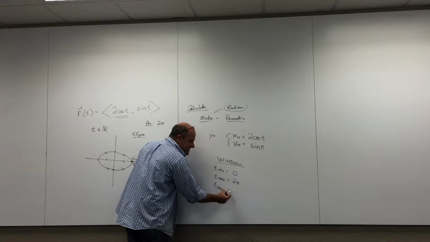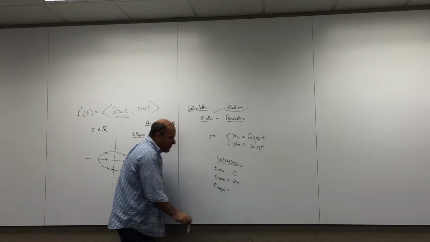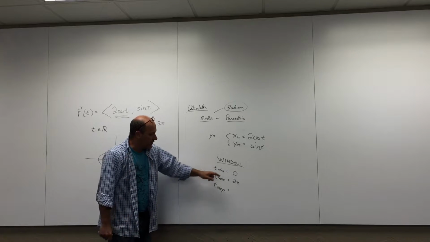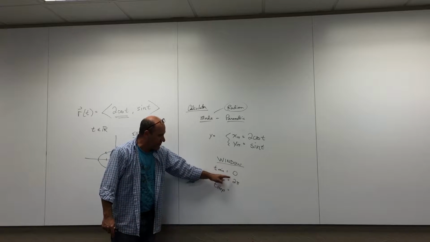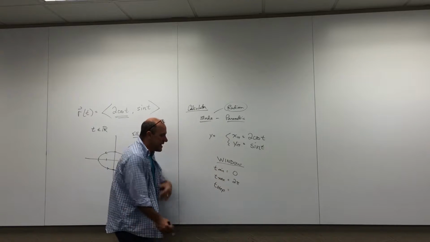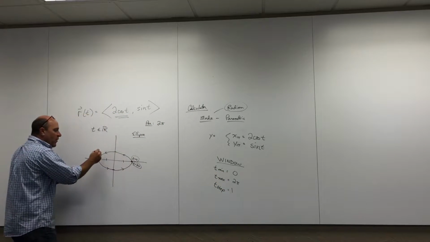But check out this t step. Watch what happens if you do too big of a t step. By the way, 0 to 2 pi in numerical terms is roughly 0 to 6, right? That's 6.28. So if you do a t step of 1, it's only going to plot 6 points.